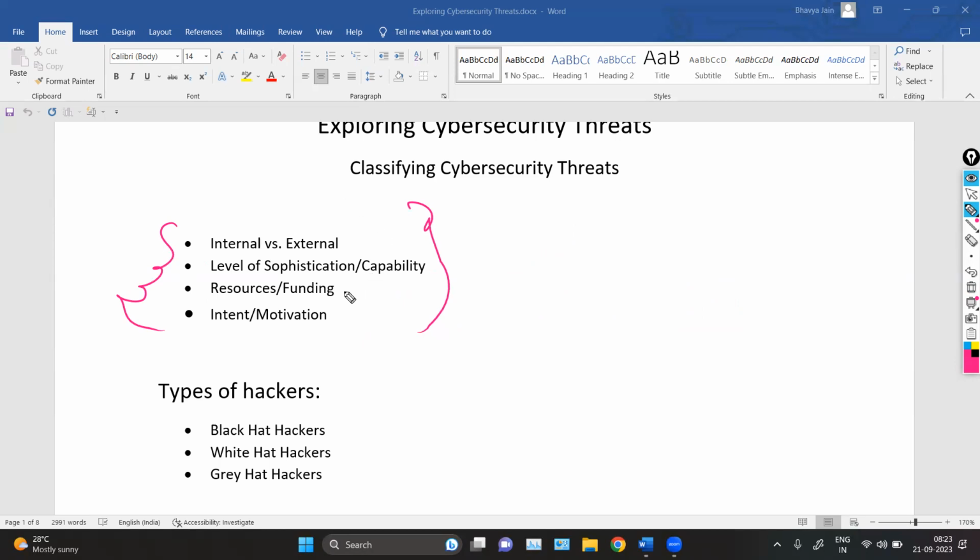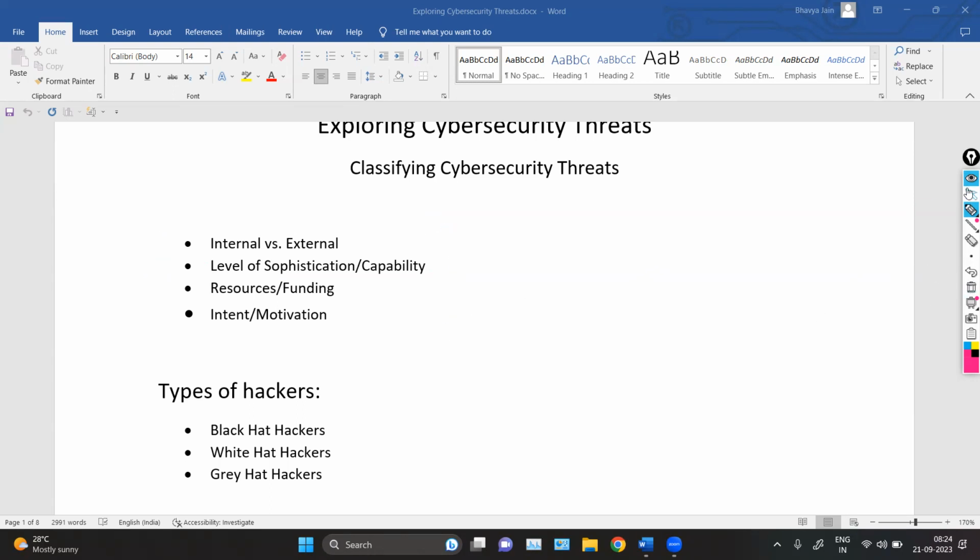Then resources and funding: whether the attacker is taking resources or funding from a third party organization or some government organization or not. Then intent and motivation: what is the basic motivation behind this attack? So this is the four-point classification of cybersecurity threats.